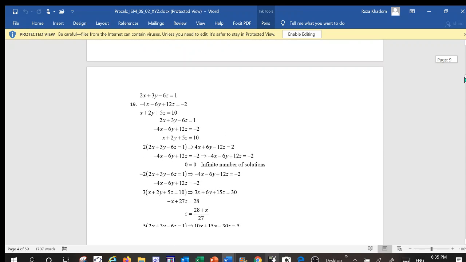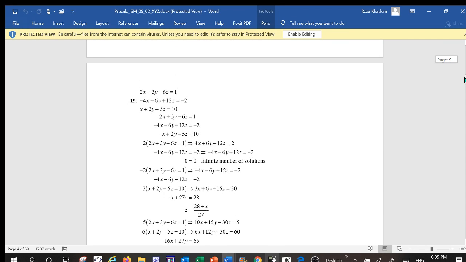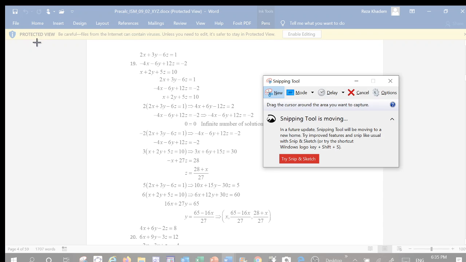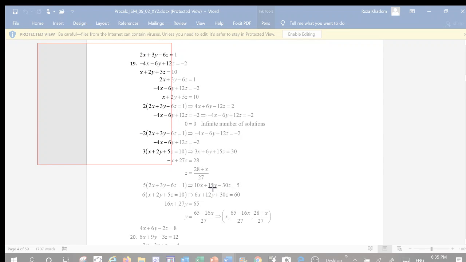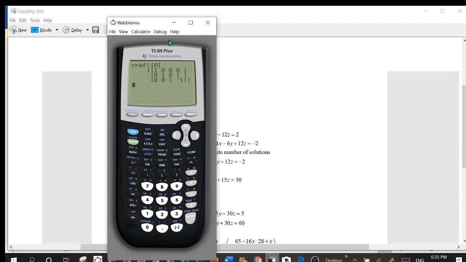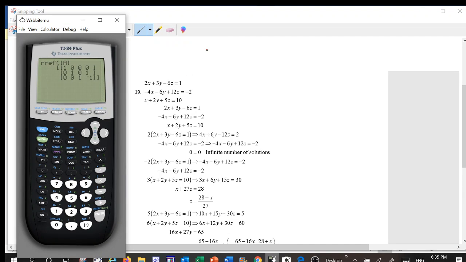No, this has one. Oh, here we go. So this has an infinite number of solutions. So if we do it, we get an infinite number of solutions. So let's see how we deal with that. So now we can put the matrix without really writing it down, but I'm going to write it down here.